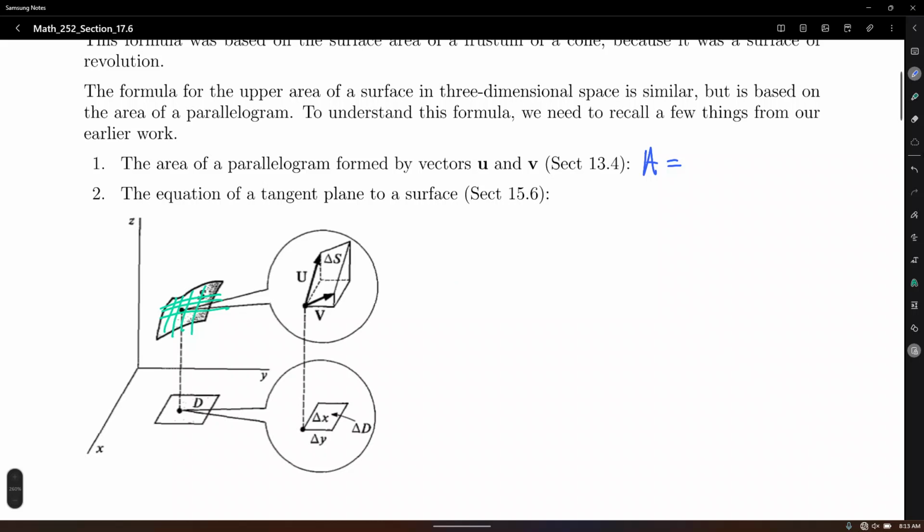The magnitude of u cross v. Yes, the magnitude of u cross v. Correct. Thank you.